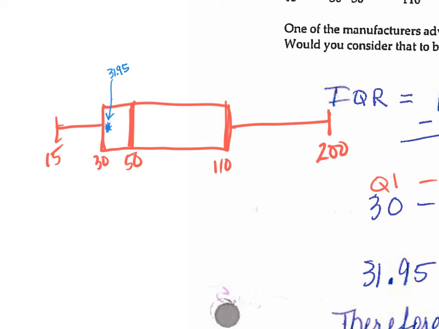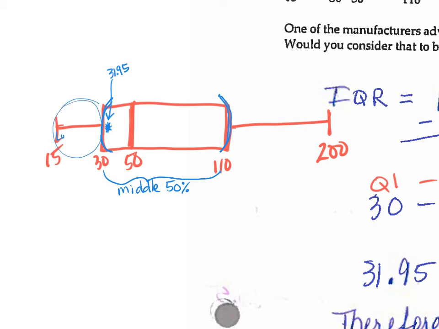Okay, first of all, it's in the box. If it's in the box, is it rare? Remember this box, the interquartile range, the middle 50%. So if it's in the middle 50%, I'm thinking that it's not unusually low.